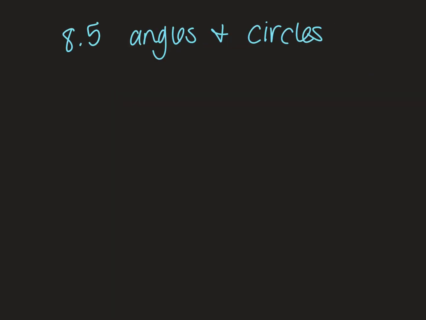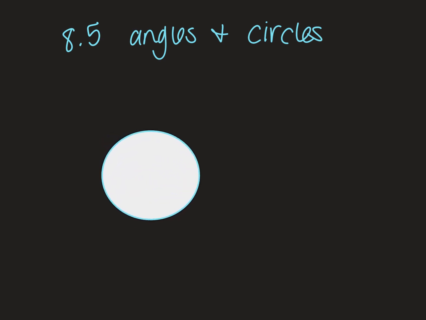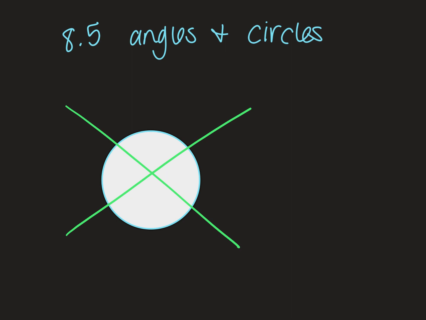All right. This is when we're dealing with intersecting lines and circles. So if you have lines that intersect inside the circle, it means that this angle measure is half of the two arcs added together.